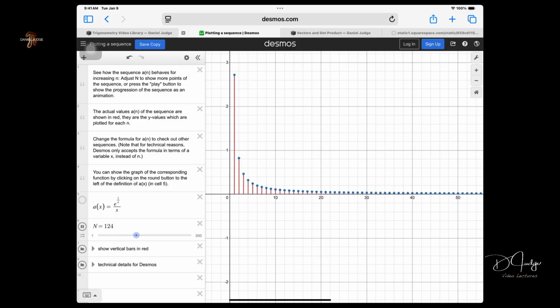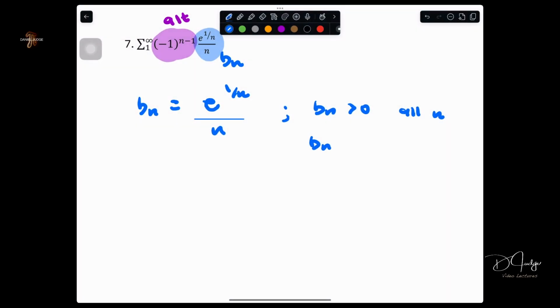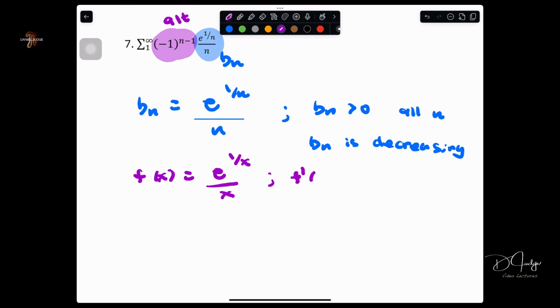So that kind of makes sense that we have a decreasing series. So b_n is decreasing. You can probably use calculus and show that the first derivative is negative over the interval from 1 to infinity. Okay, we just looked at the graph.